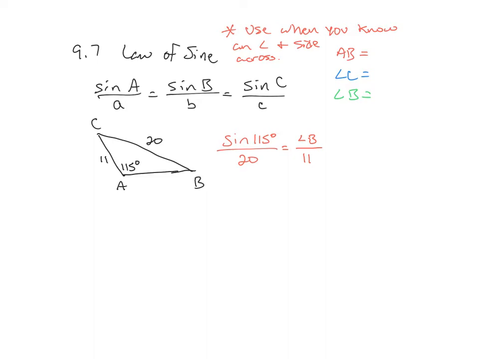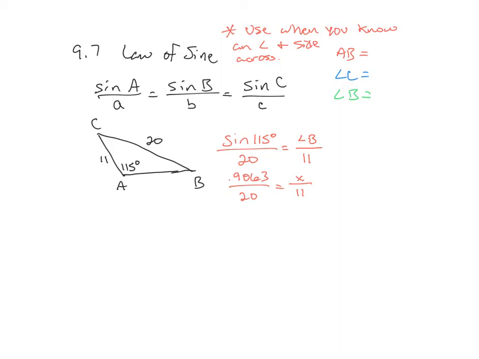It's just a placeholder. So first, sine 115 degrees, 0.9060, or excuse me, 0.9063 is sine of 115 degrees. And that's over 20. And again, if you want to write X, that's fine too.